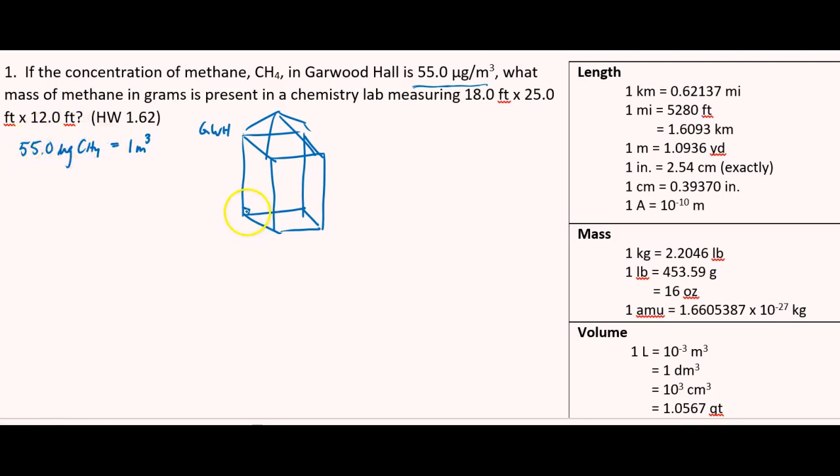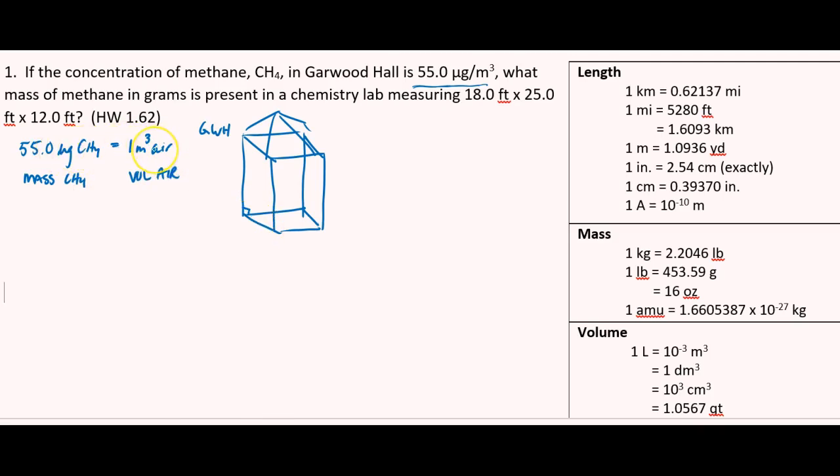So what is this cubic meter? You can call it a couple of different things. I think I called it air, but you could call it space, you could call it building, you could call it Garwood Hall. But this really is a relationship between the mass of methane and the volume of air or space or whatever you called it.